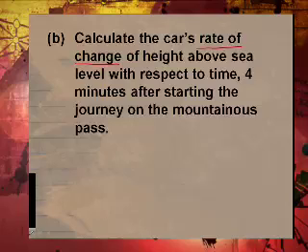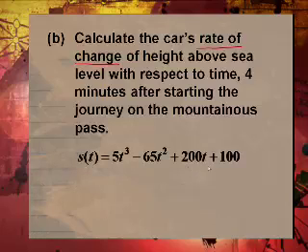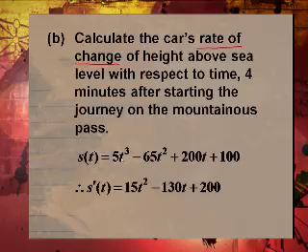So what do we know here? Well, we've got the cubic. Now, a rate of change is a derivative, so you differentiate this. Bring down the 3 and multiply by the 5: 15t squared, minus 65 times 2 is 130t, plus 200t plus 100. Now that's the rate of change expression.